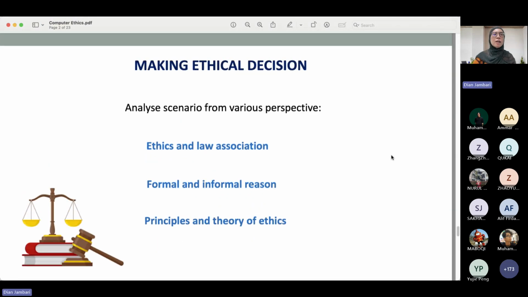Okay, so that is just a discussion on the different ethical issues that can happen in relation to ICT usage, in using technology and the computer, from two different angles: one as a professional and another as a user. Even as professionals, we are also users of ICT or computers.